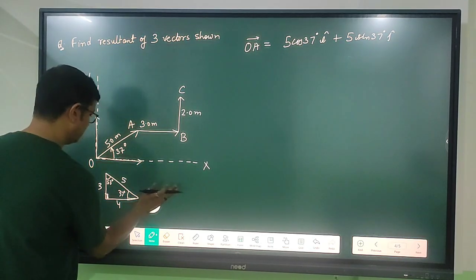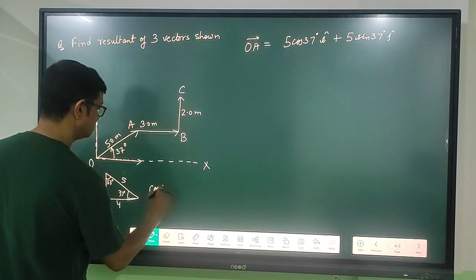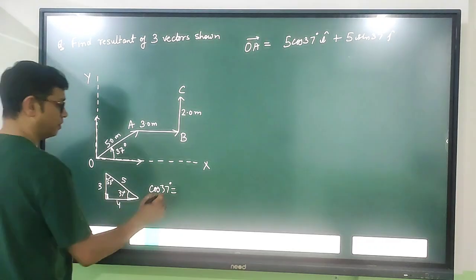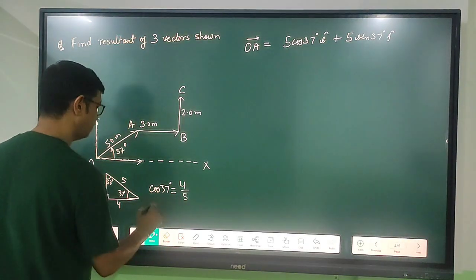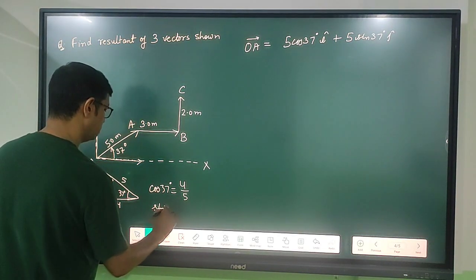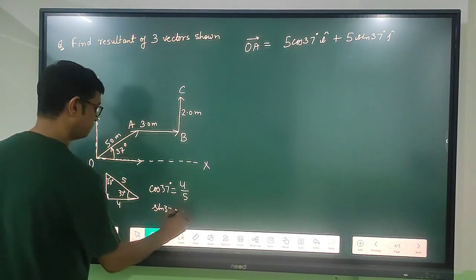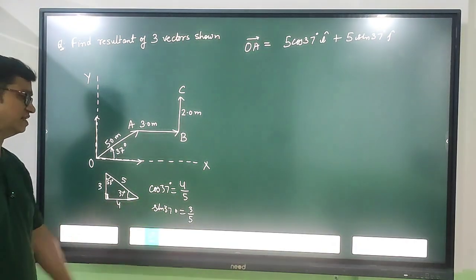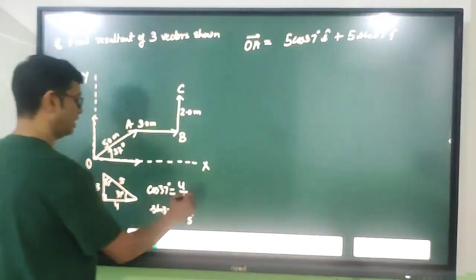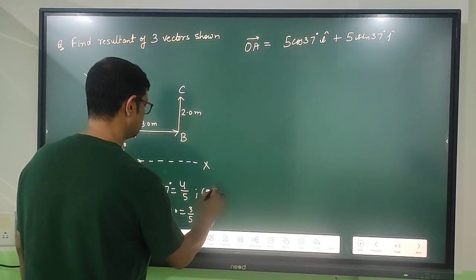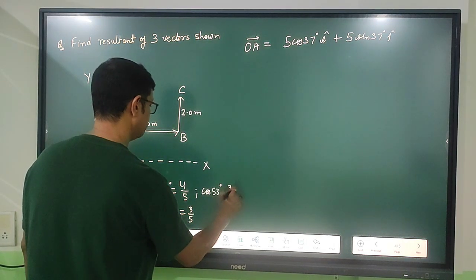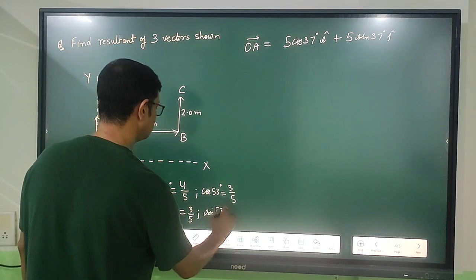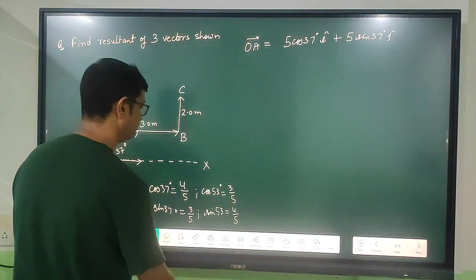So cos 37 is 4 by 5, dear. 4 by 5, adjacent side upon hypotenuse. Sin 37 is 3 by 5. Right? Cos 37 is 4 by 5, sin 37 is 3 by 5, or I can say cos 53 is 3 by 5 and sin 53 is 4 by 5.